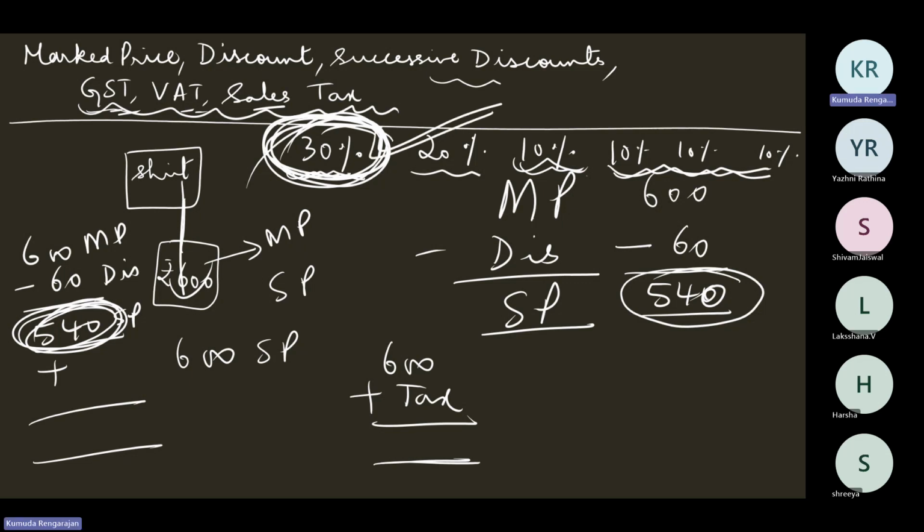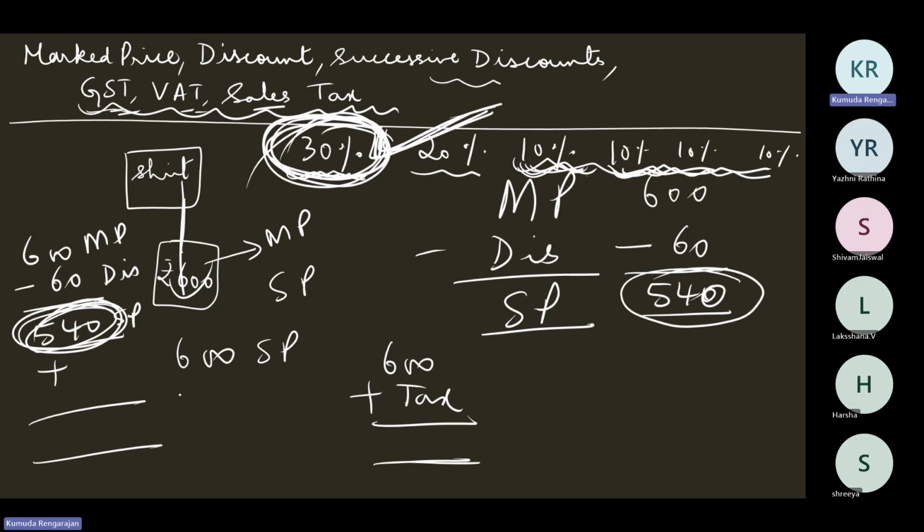Though 10% plus 10% plus 10% is 30%, a flat 30% discount will help you get more discount than three successive discounts of 10% each.